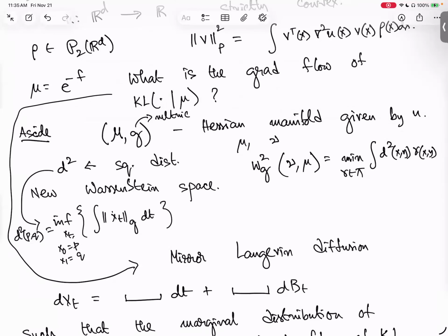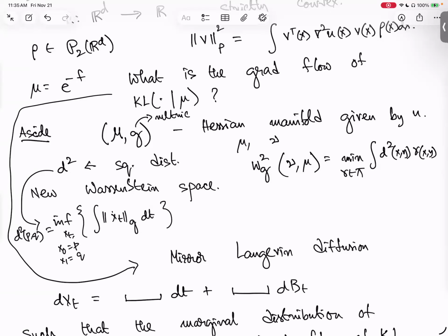And so in that case, if I look at a measure mu which is e to the power minus f, and I ask what is the gradient flow of Kullback-Leibler with respect to e to the power minus f, what is the diffusion whose marginals give me this? I think the overdamped Langevin equation, right? That's right. This is the overdamped Langevin diffusion.